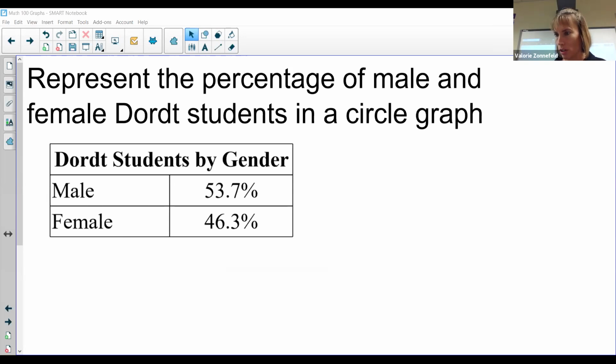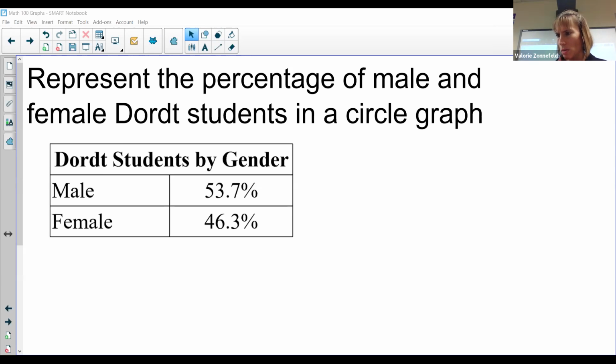Three thumbs. 4. 5. 6, 7, 8. 9, 10. Seth, are you in there? I haven't seen your thumb yet. Zach, are you in there? Okay. Anybody not there?